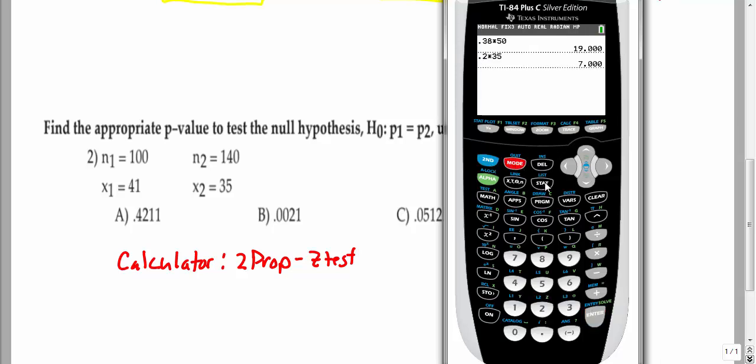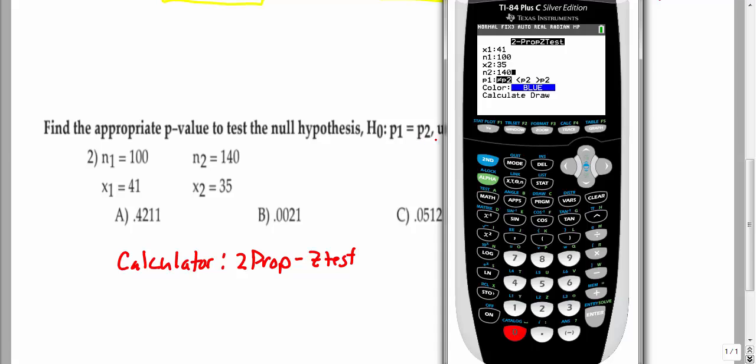Let's start from scratch. So again, you go second, tests, and we come down here to the 2-prop z-test. And now x1 in this particular case is not 100, it's a smaller one, it's 41 out of 100. And then x2 is 35 out of 140.